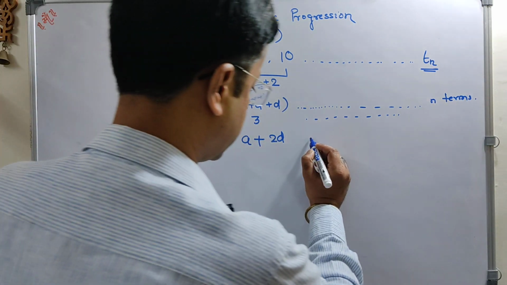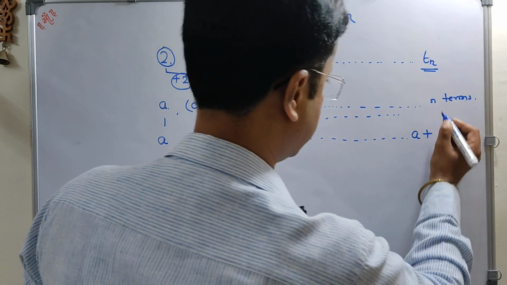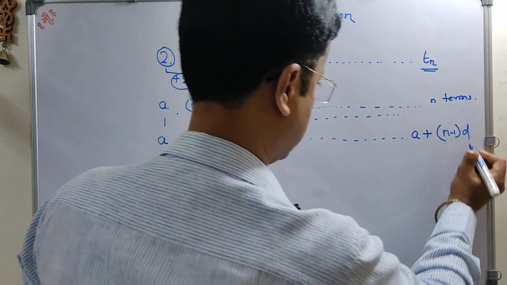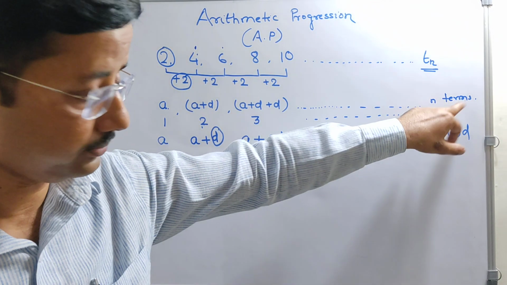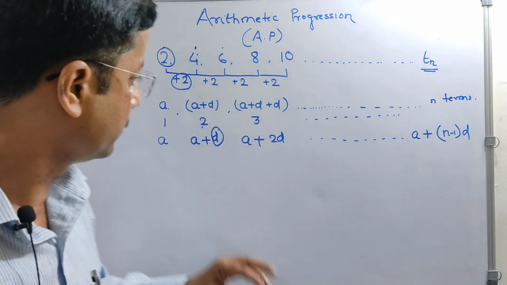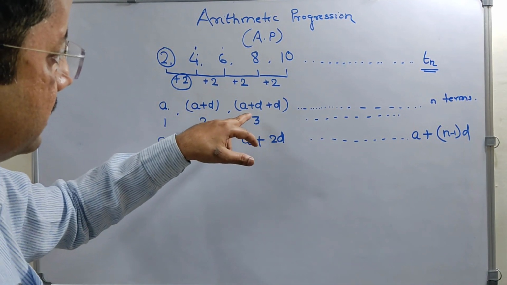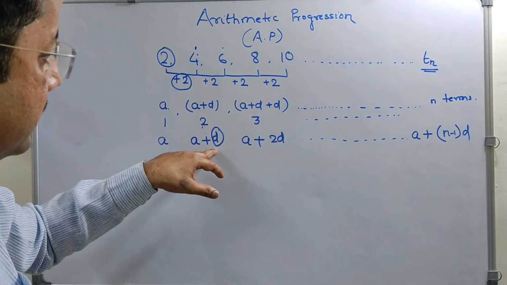So here also the same thing. Suppose we are finding the nth term, then the d will be 1 less than that, because the d value is always 1 less than the number of the term. If we are finding the third term, then the d is 2. If we are finding the second term, then the d is 1.